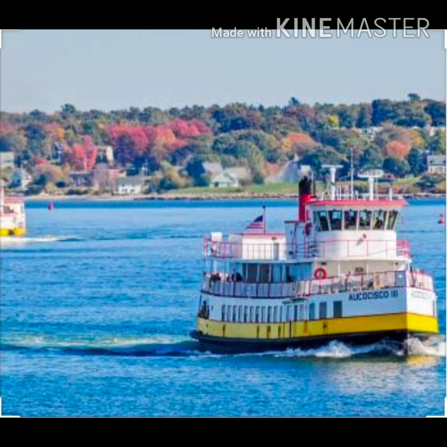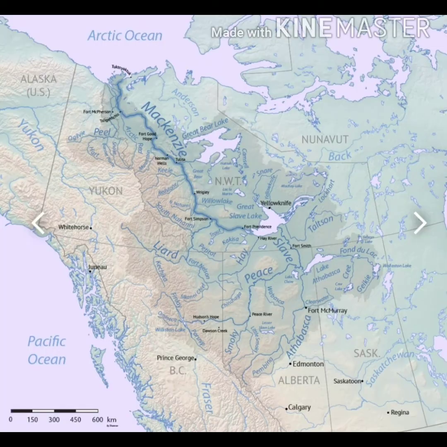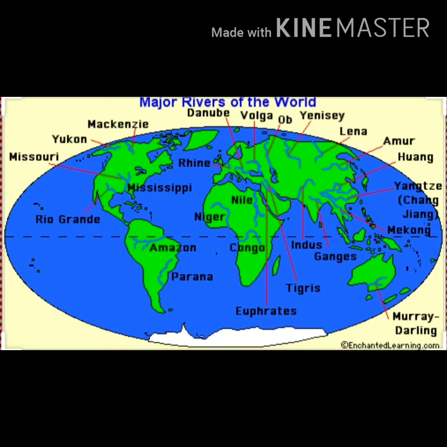Next river is Mackenzie. It is the longest river system in Canada, only in Canada. It originates, or we can say it starts, from Great Slave Lake, drains Canada and ends into the Arctic Ocean. If you see the rivers of the world, you will observe that mostly rivers flow towards the south.